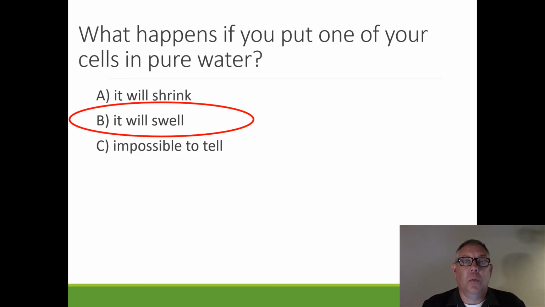And so when you get an IV or something, a lot of times you want an isotonic saline solution. Saline first is salt, right? So it's a salt solution, water with something dissolved in it. But it's at the same tonicity, it has the same concentration of free water as your cells. And so if you put it in your vein, then the water is going to move equally in both directions and your cells are fine.